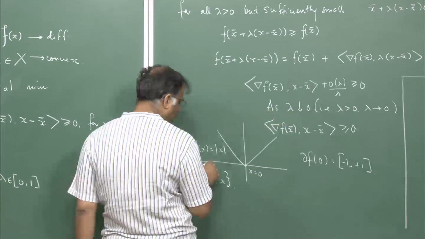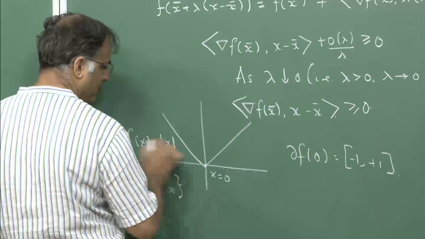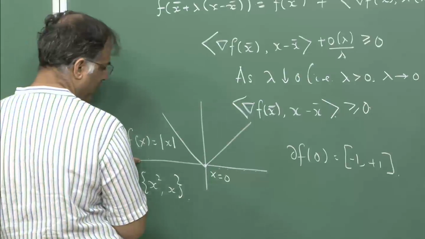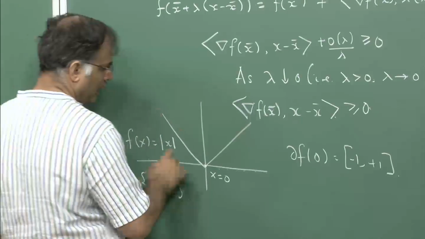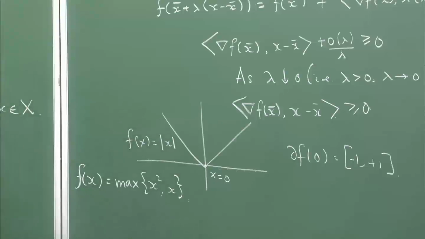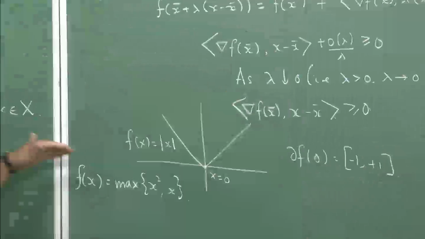Here, if you observe all these points, the function is differentiable except at 0. Along this line on the negative side I take a sequence x_k which is going to 0. Here the derivative is nothing but minus 1, so at every point of the sequence grad f(x_k) is minus 1.